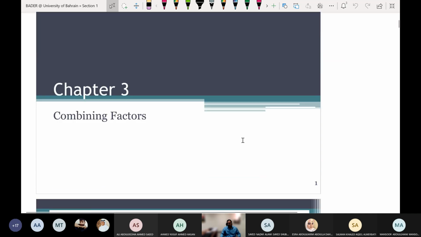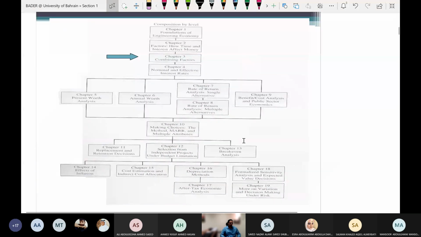So guys, now, as you know, we move to chapter 3. Chapter 3 considers something called combining factors. I have the variables and I would like to combine them. Where are we according to our course? We have completed chapter 1 and chapter 2, which was the main core.